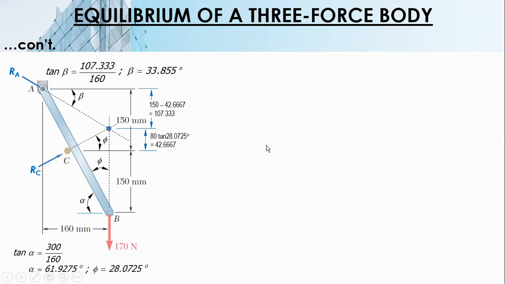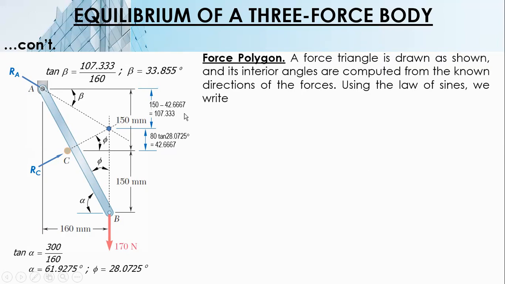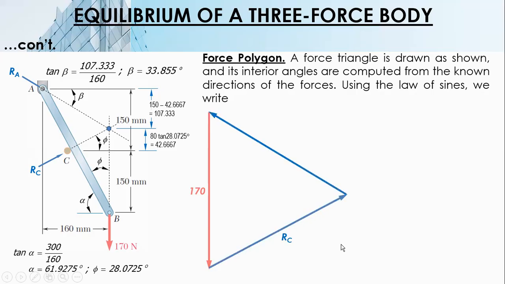So we now have the direction of RA from the horizontal. So we are ready to construct the triangle, or force polygon. You start with 170 and then RC, and then RA. And then the interior angles.